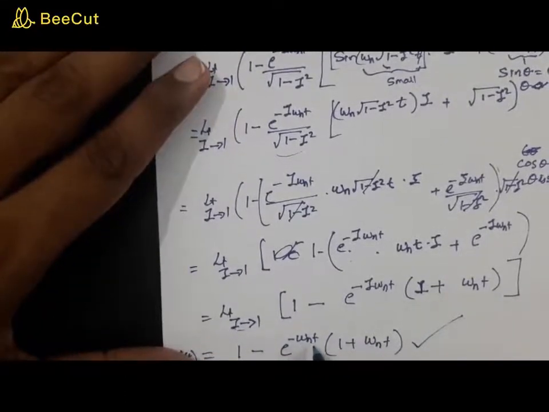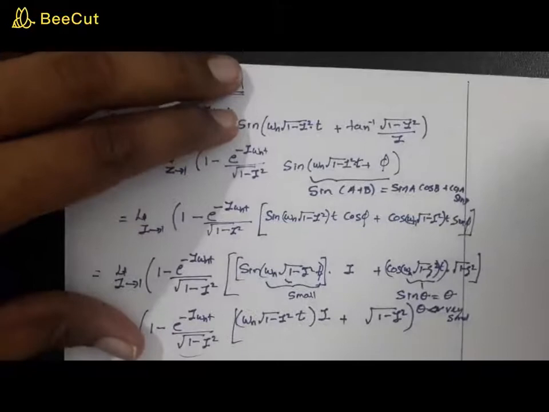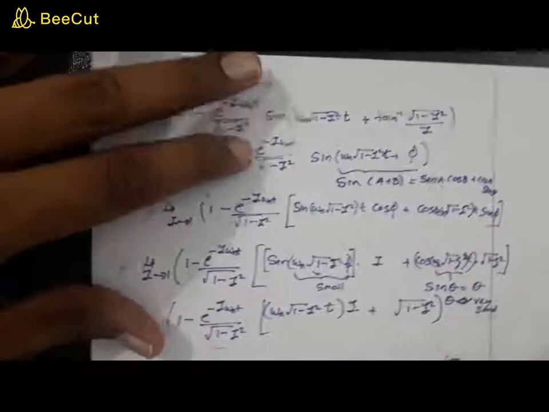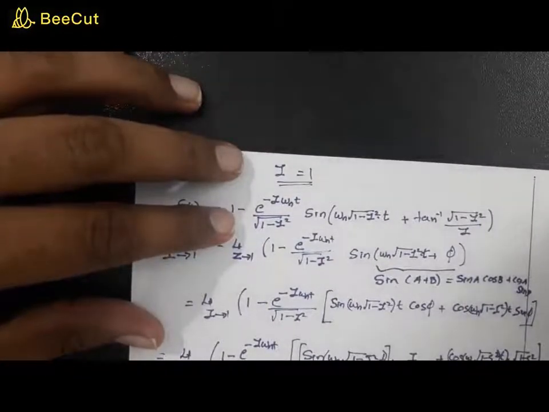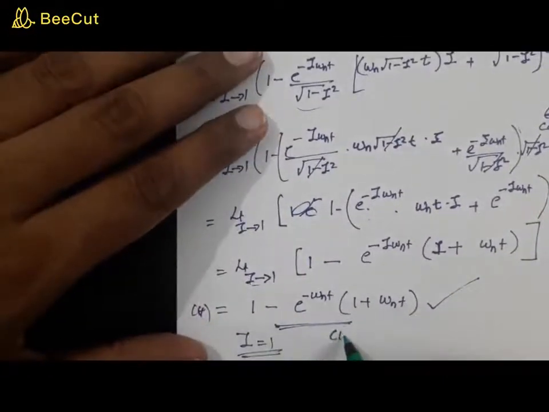e raised to minus omega n t, and if you try to draw that, let's see what happens to c of t versus t. What is the value of c of t at t equal to 0?